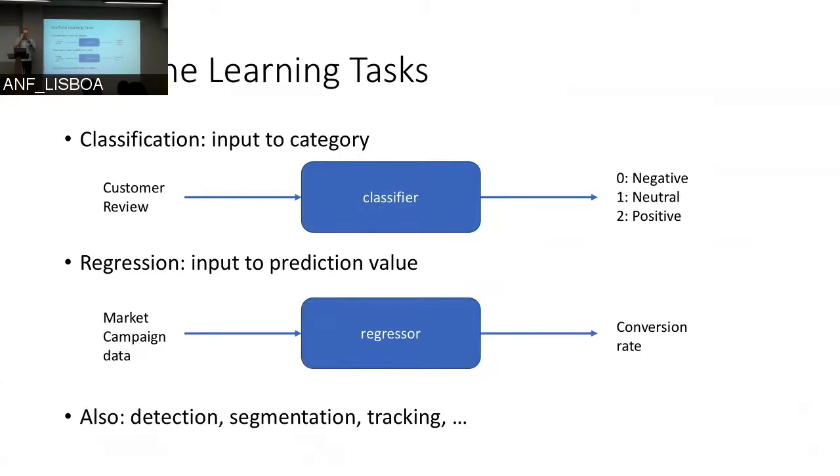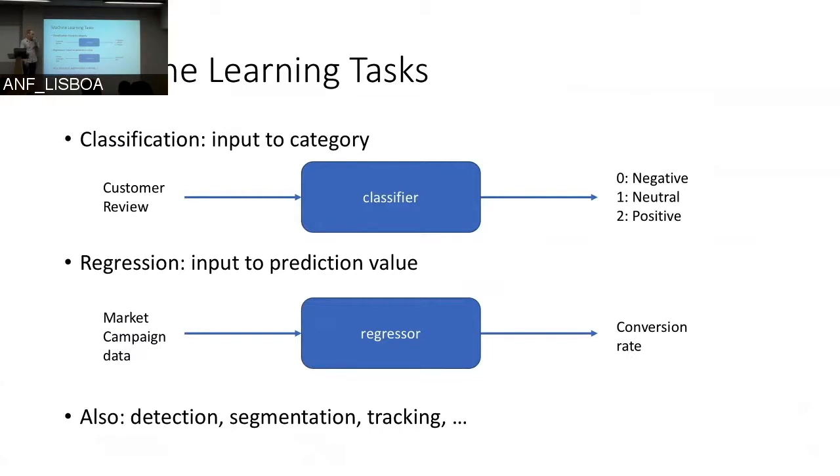So there's two classical machine learning tasks that you would find in a textbook: classification and regression. In classification, you have some data and then you want to categorize it automatically. So in that example there, there might be some customer review data, and you put it through your black box and it tells you whether that review was positive, negative, or neutral. So you have to predefine all that stuff, the categories and everything.